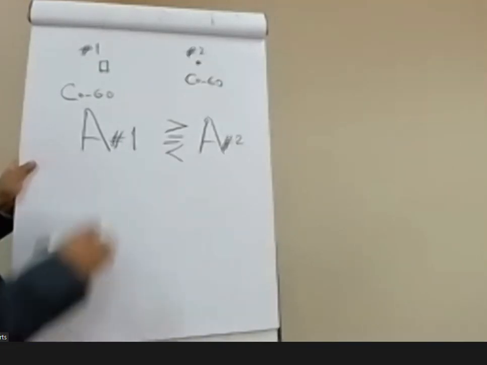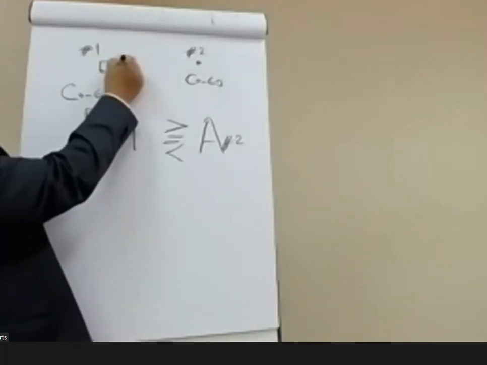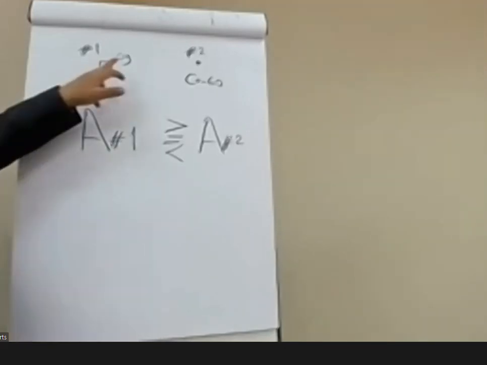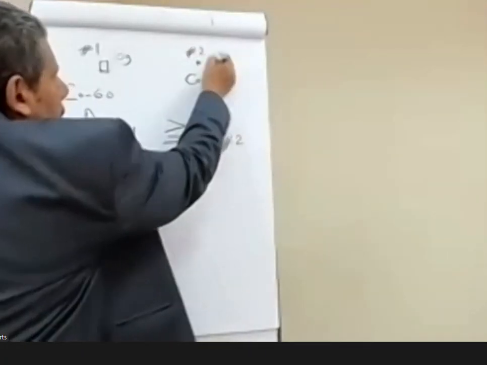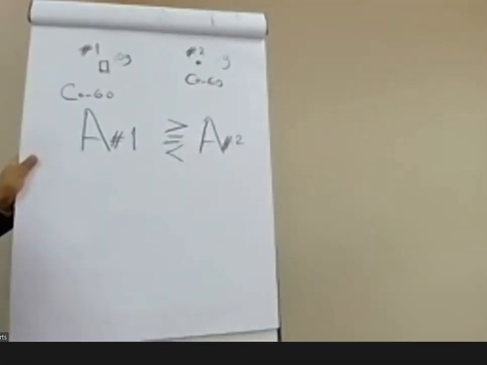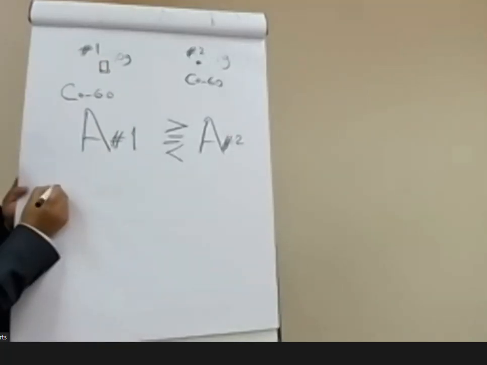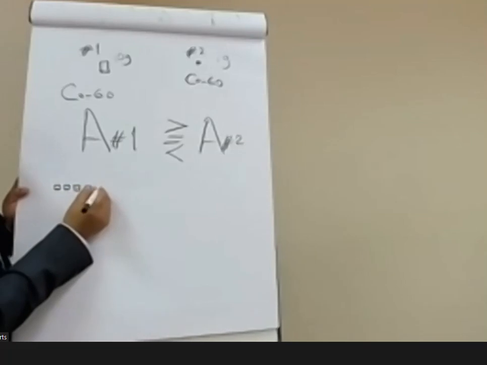Okay, I will explain. Assume this is 10 gram, and assume this is 1 gram. Now, this 10 gram is 1 gram, 1 gram, 1 gram, and so on, 10 pieces of 1 gram.